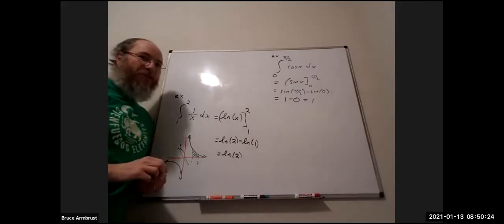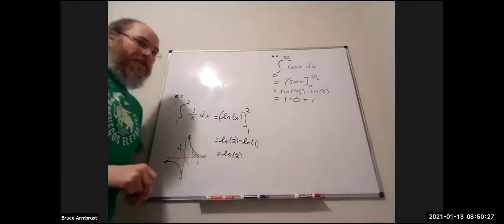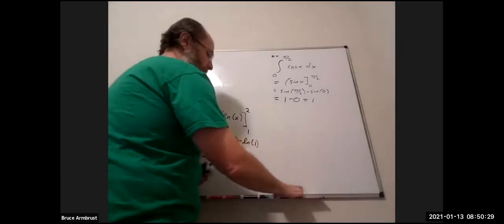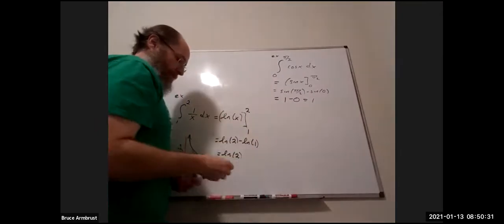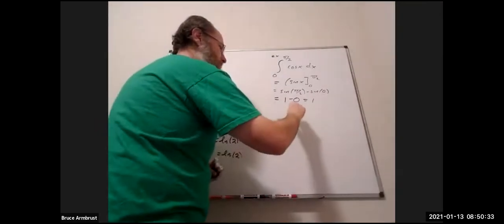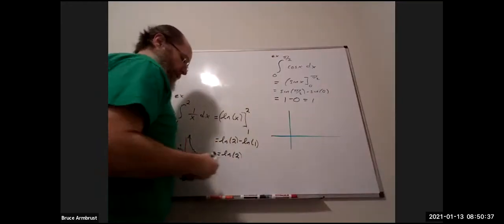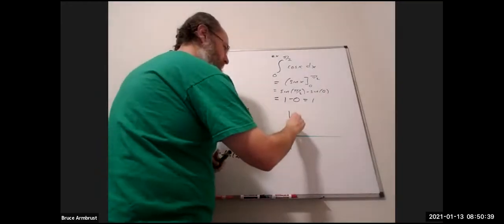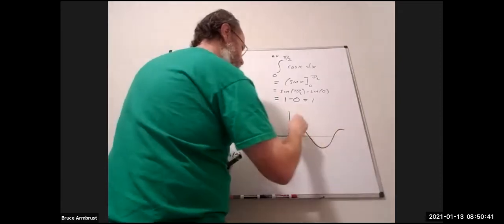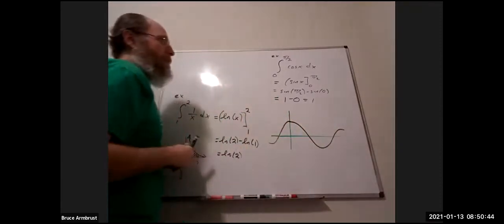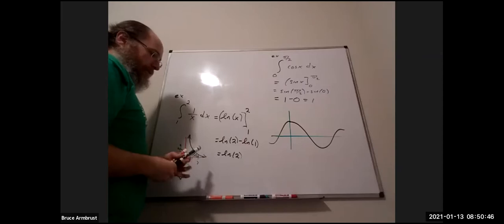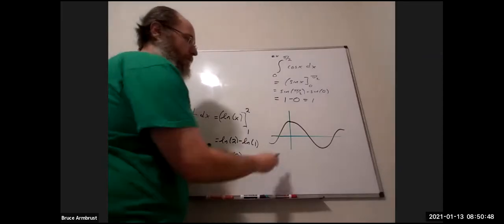It actually is really nice, because check this out. Draw the graph of cosine. Cosine does this, and we're integrating from 0 to pi over 2.